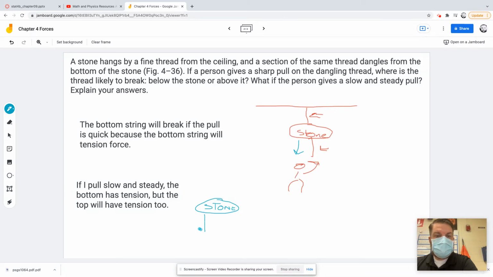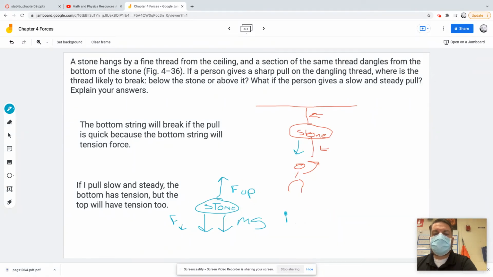I have the force going down, right? So we could call this the force that goes down. But what else is pulling on the stone? Gravity, right? And then if the stone remains in place, then I have a force here that's going up.